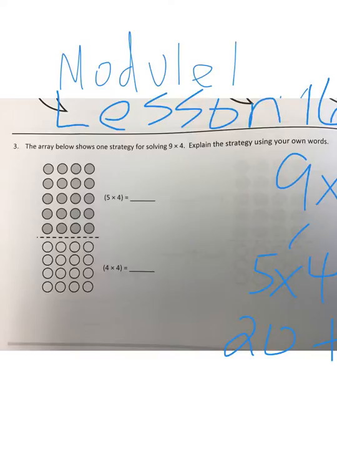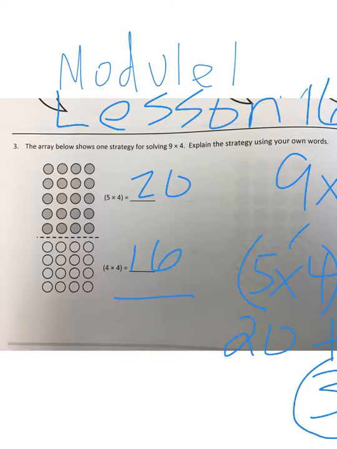Add those two together, because this is what the distributive property says right here. You add the two answers together, the 20 and the 16. When you add those together, you get 36. So we use those two smaller problems to get the answer to the bigger problem, 9 times 4.